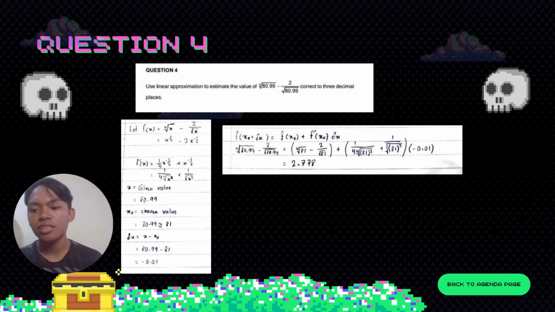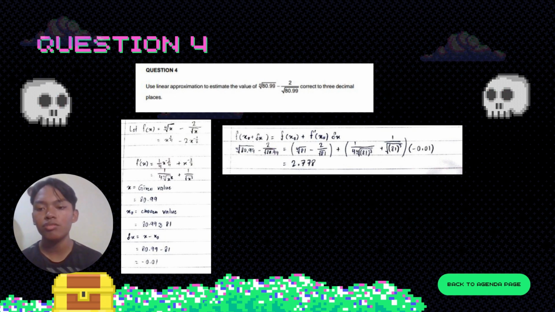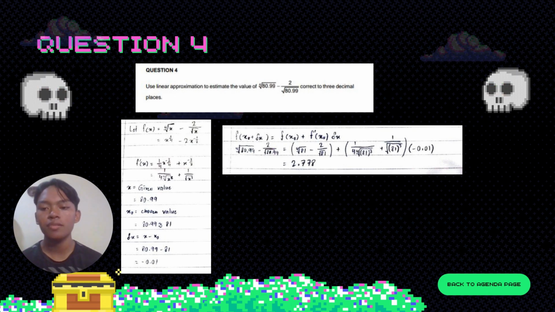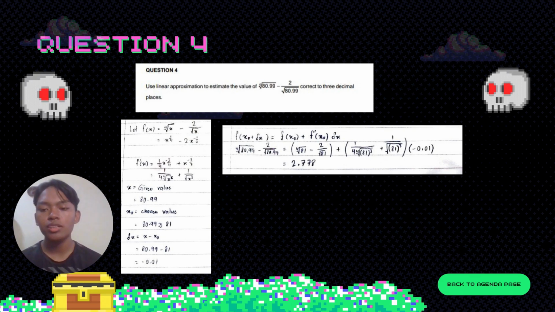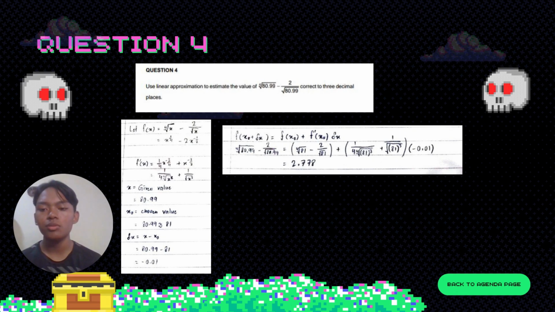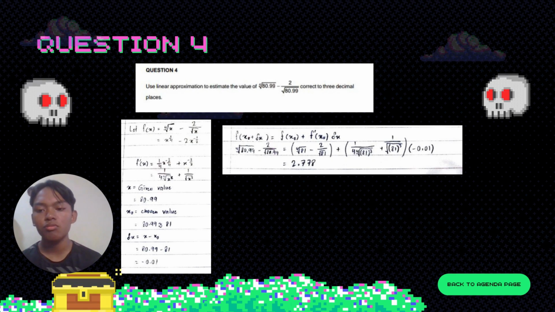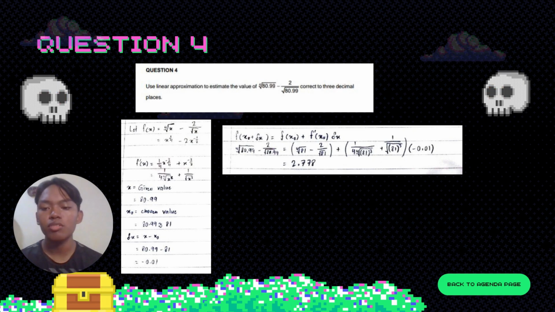And then for the second step, we assume x is the given value, which is 80.99, and x0 equals the chosen value. So the nearest number from 80.99 is 81. So we take 81 as the chosen value, and then for delta x, we need to minus x with x0, which is 80.99 minus 81.